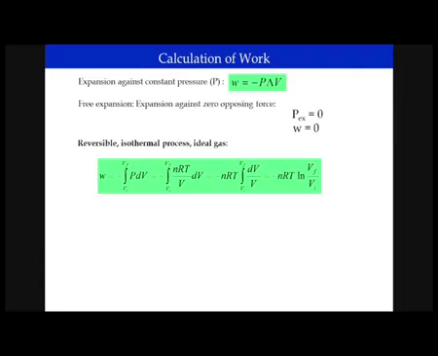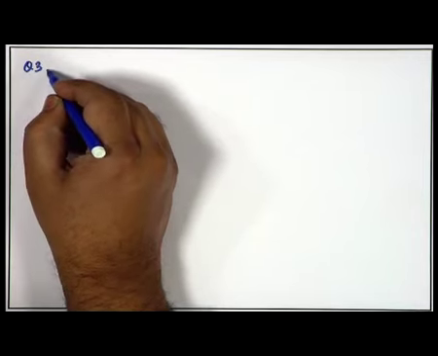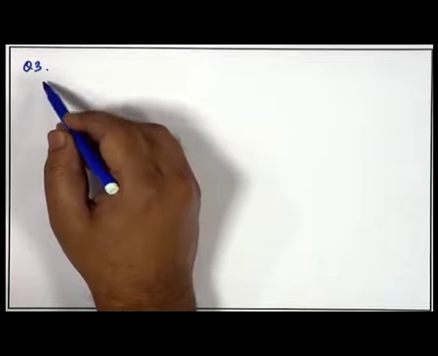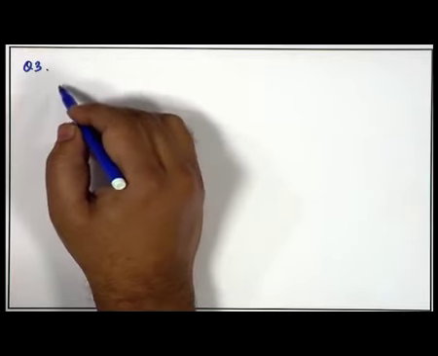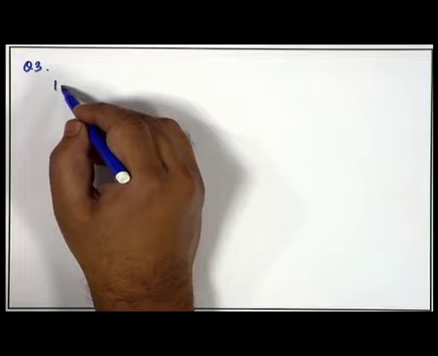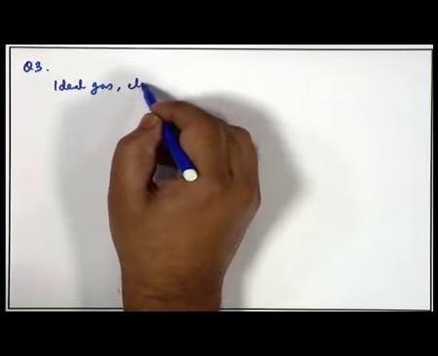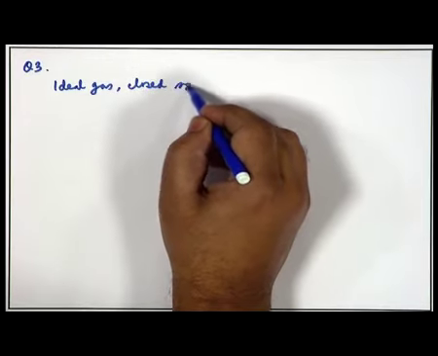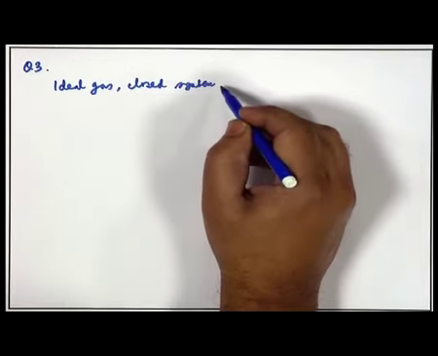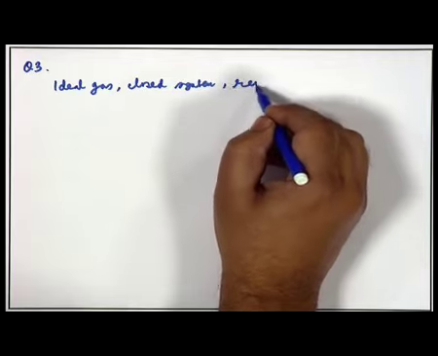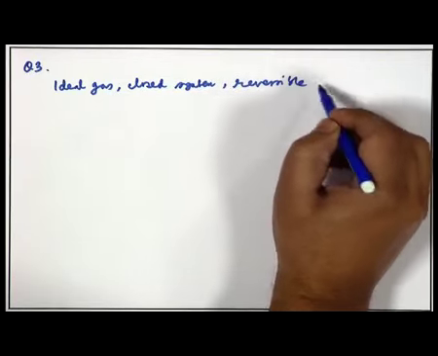Now I will quickly ask a question and let us see whether you can solve this. That will be my question 3 in this lecture. I will take an ideal gas and a closed system, and we consider a reversible process.